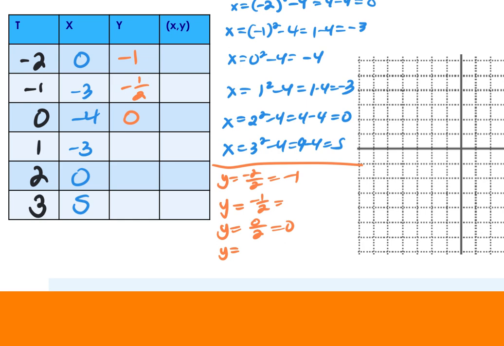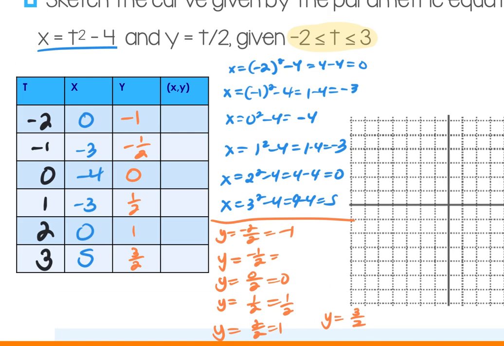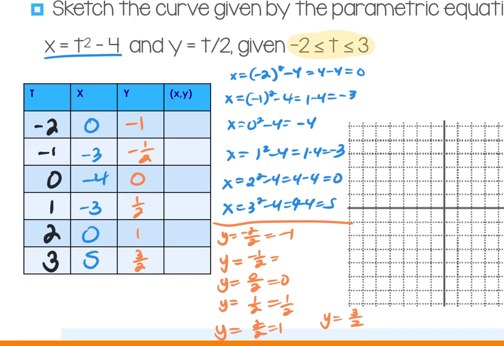Y equals 1 over 2, 1/2. Y equals 2 over 2, 1. And y equals 3 over 2, or 1 1/2. Now I'm going to take my x and y's and make my points for the coordinate plane.